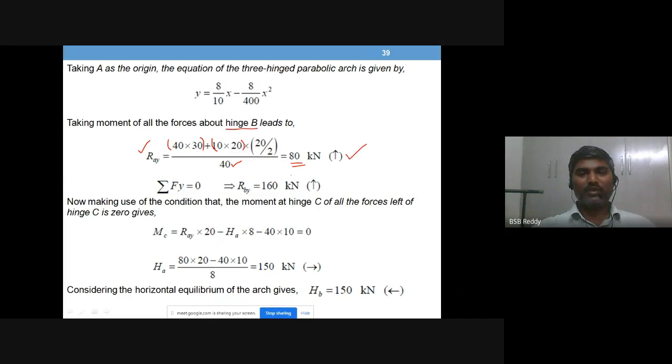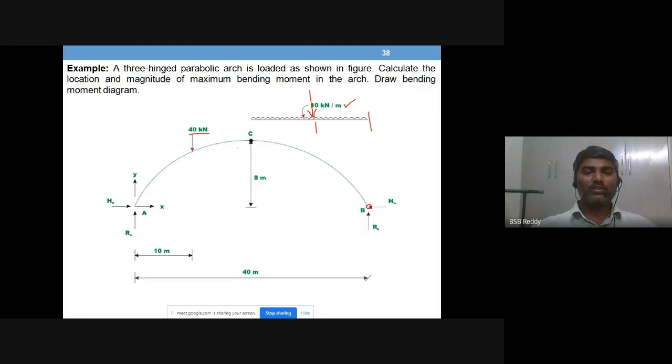If you apply sigma Fy equals 0, the other equilibrium equation will give you the RB value. How do you get that value? What is the total load?